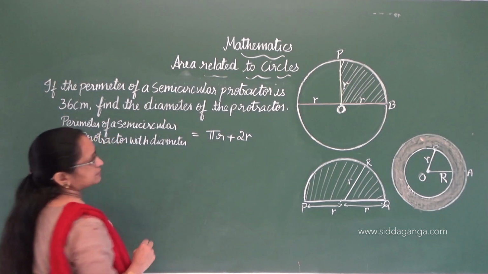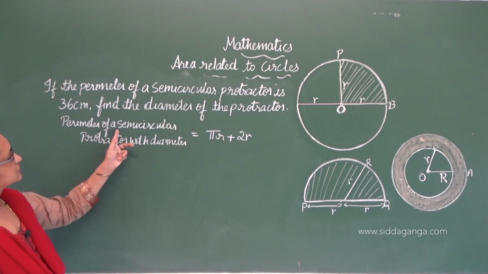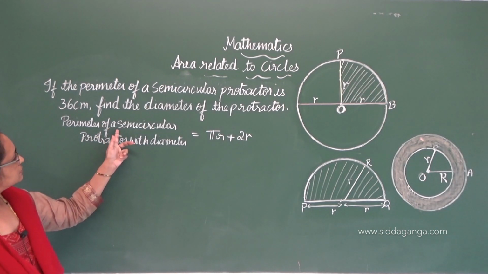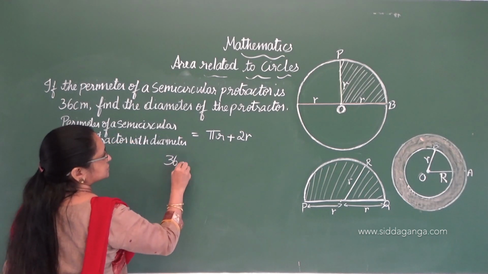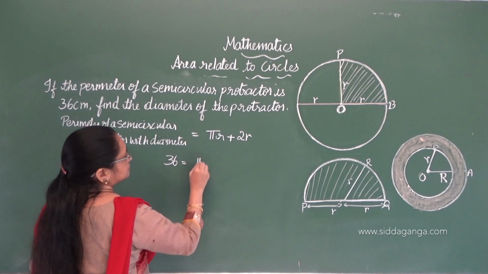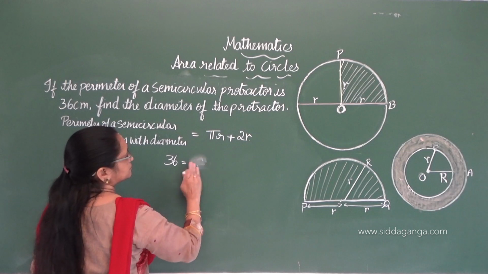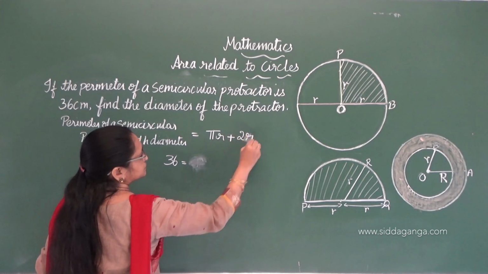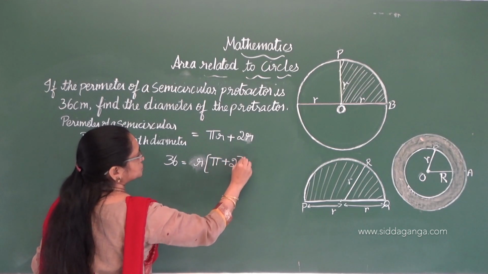But why am I taking r? Just listen. According to the question it is 36, so 36 equals pi r plus 2r. Here r is common, so I will take out r: pi plus 2.